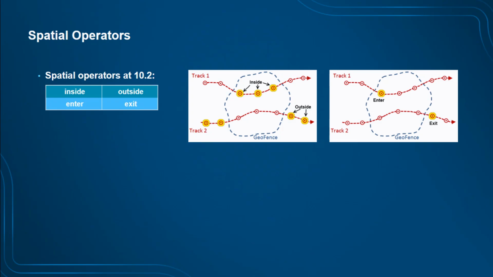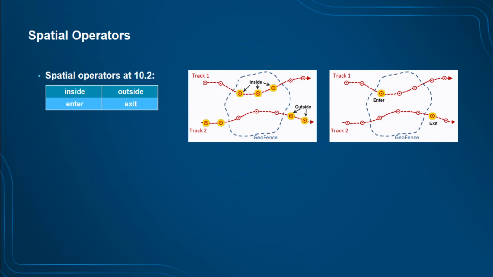Now, a word about spatial operators within GeoEvents. The initial version of GeoEvents had 3 spatial operators that were really suited to comparing the geometries of point GeoEvents with polygon geometries or geofences.